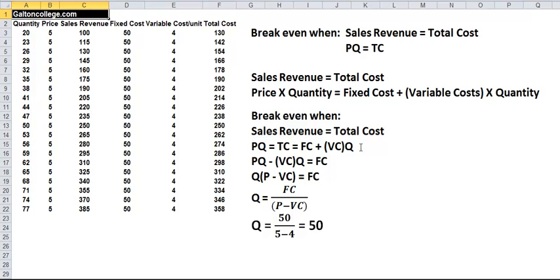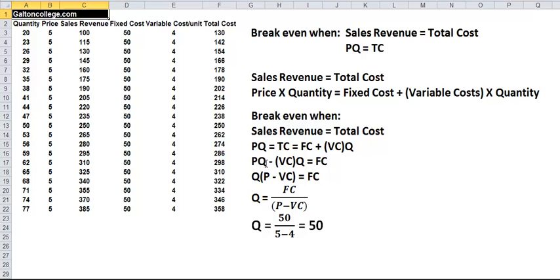If we subtract it, plus and minus will cancel out, leaving us with the price times quantity minus the variable cost per unit times the quantity is equal to the fixed cost.